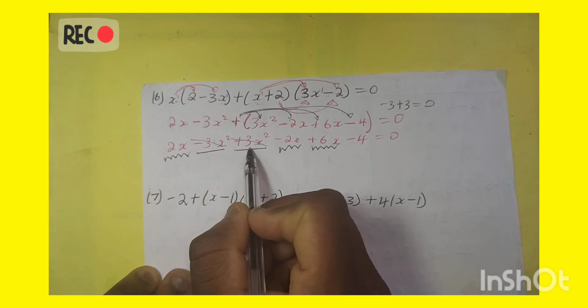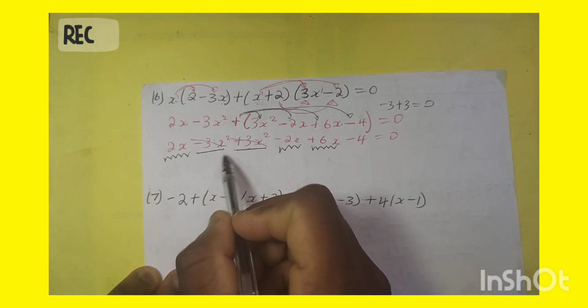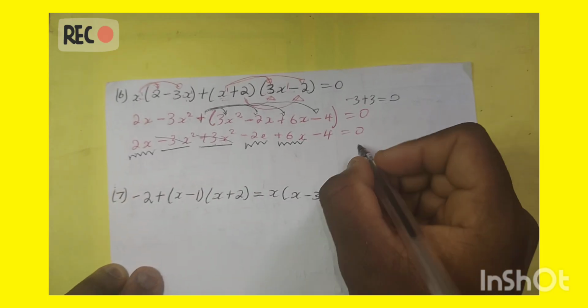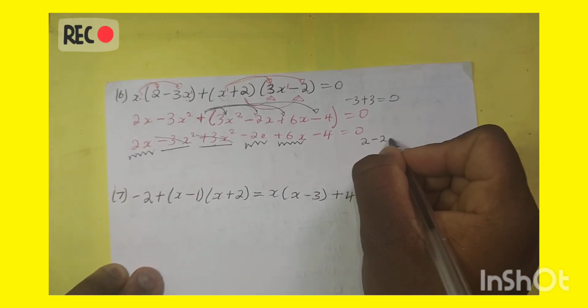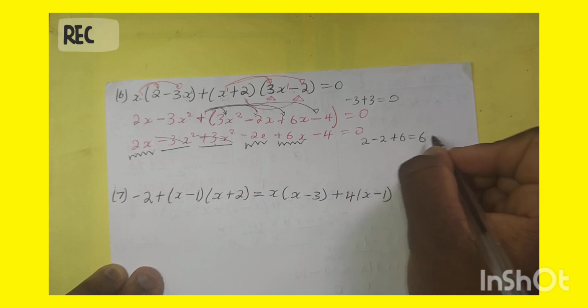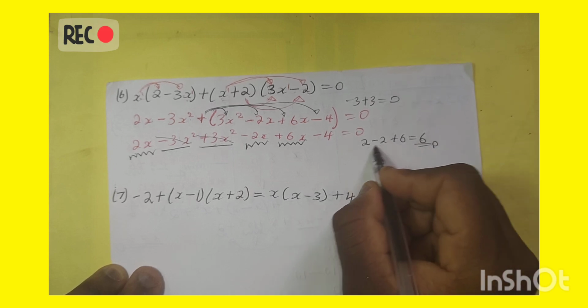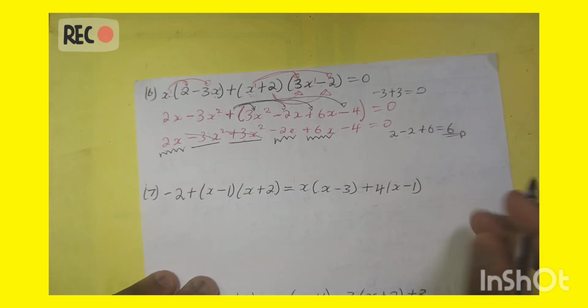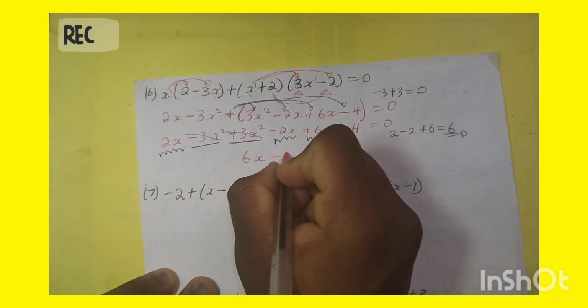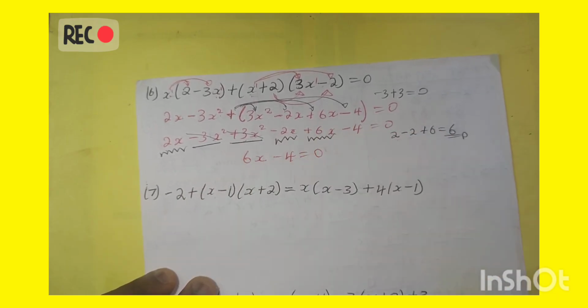And what about this one? Minus 2, positive 2, positive 2 minus 2 plus 6, you only get positive 6, because those cancel and you are left with positive 6. Meaning here you will have 6x, here it's minus 4.